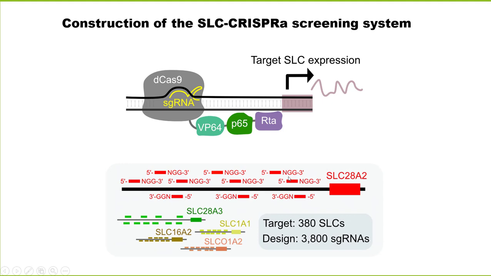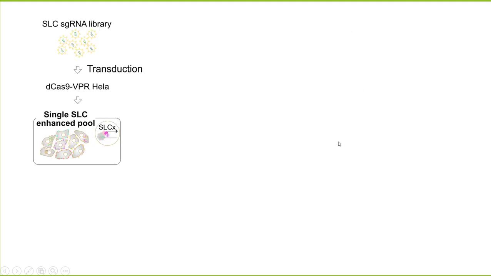Using this, we tried to express the transporters. So, pumping transporters, SLC; we have about 400 SLCs in the body. To increase those chances, we selected 10 promoter sequences. So we made about 4,000 sgRNA library and built it into the cells. That means each single cell, we assume, expresses one transporter protein.